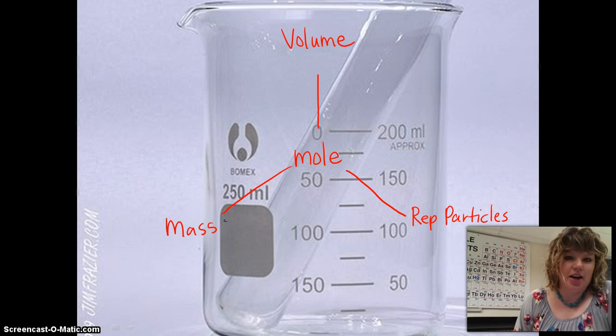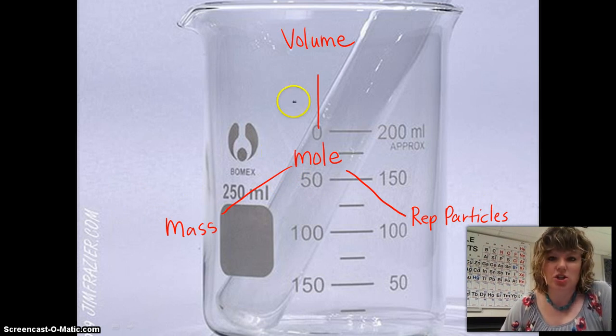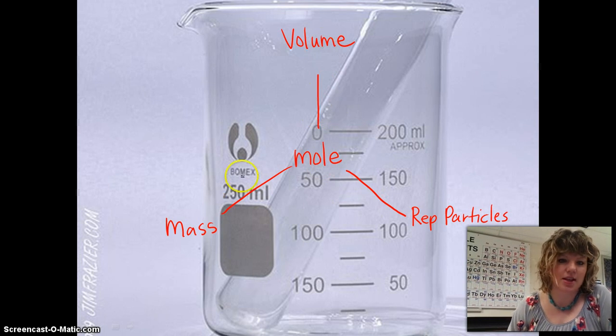Now we have an opportunity to see the relationship and how we would have to go in between these. So if you started out with representative particles, we would be able to solve for volume. And if you want to solve for mass, then you could solve for mass using the mole.